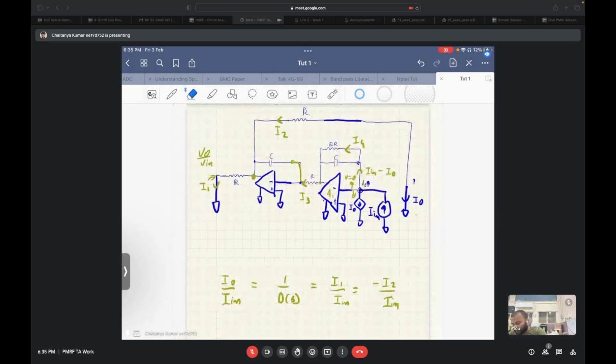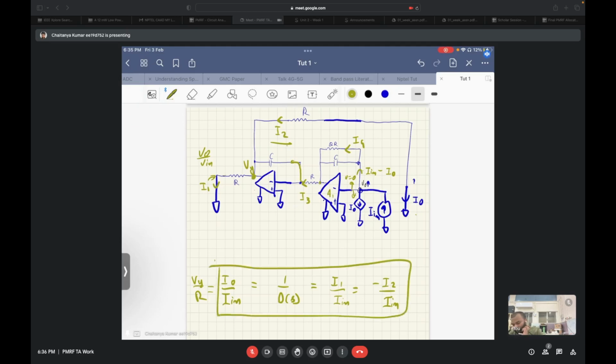So I naught by I in we found as 1 by D of S, and since this is Vy, this was nothing but equal to Vy by R. So I naught by I in and I1 by I in are the same quantities, that is Vy by R, and since I2 is in the reverse direction, 1 by D of S is minus of I2 by I in. So these two equations we found.